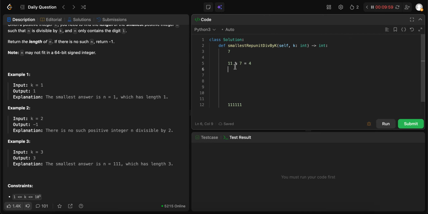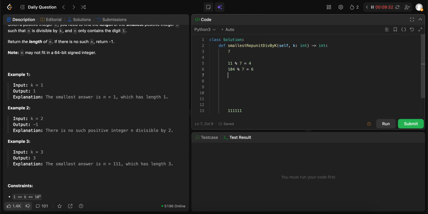So at this point I just did 11. To get to 111, I need to add another 100. Using this previous remainder, I'd have 104. What's 104? 14 times 7 is 98, so this is 6.